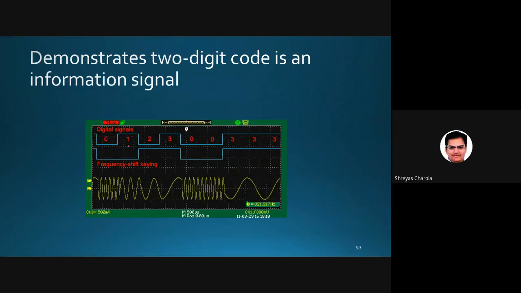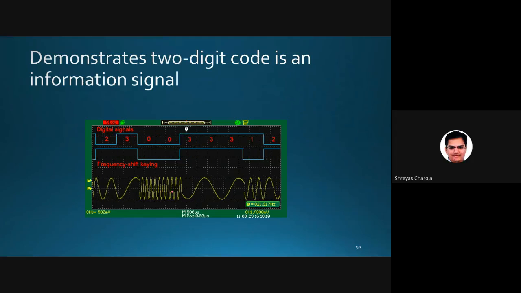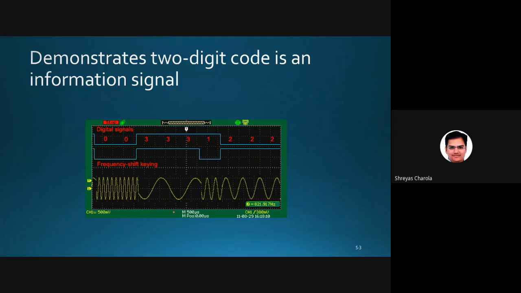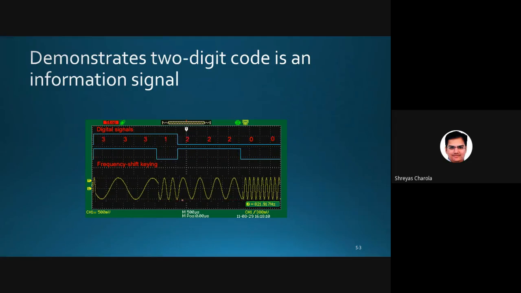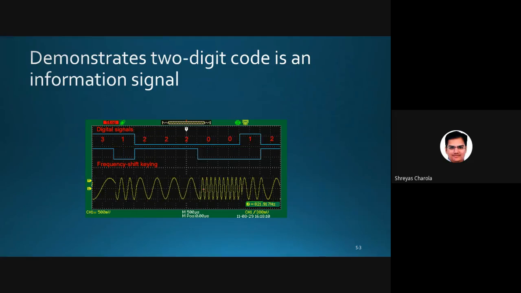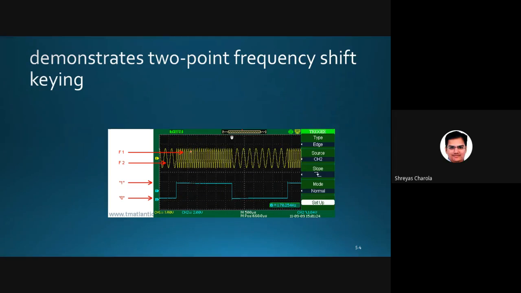For each one bit, you have the highest frequency, then the lowest frequency, then the highest frequency and the lowest frequency. Look at this. The highest frequency we call F1, the lowest frequency we call F2. For the logic 1, we are getting the highest frequency.